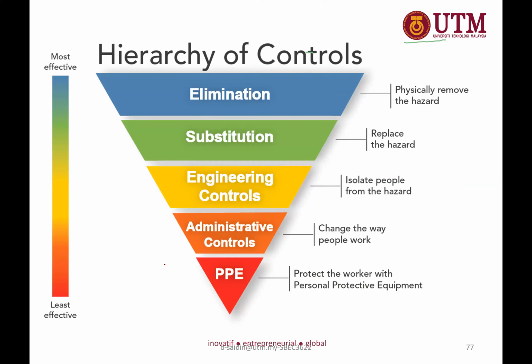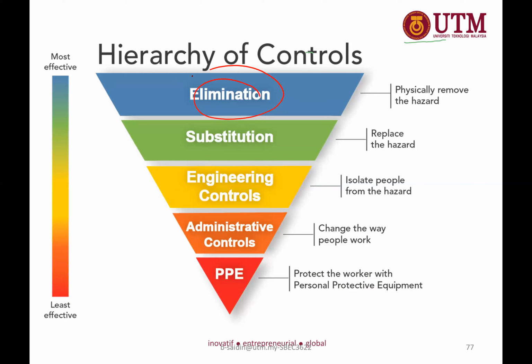And in terms of hierarchy of control, if we want to show it as a pyramid, how significant is each level? Elimination is the biggest. If you can eliminate, that has the biggest potential to affect your control measure.